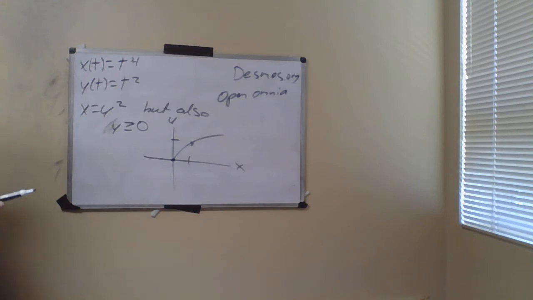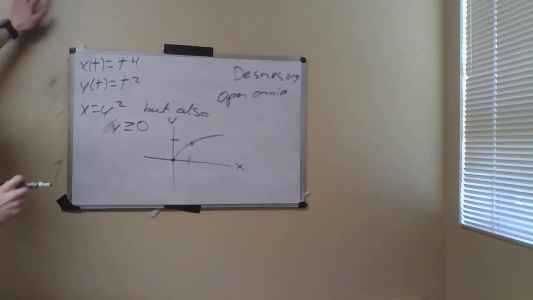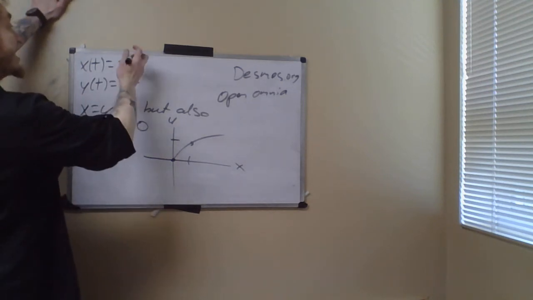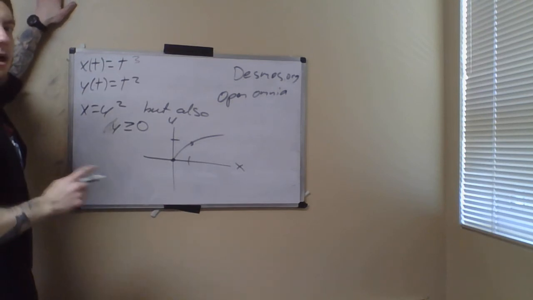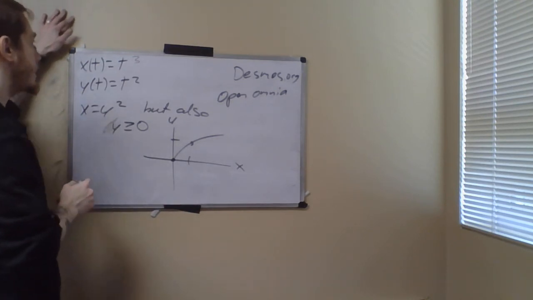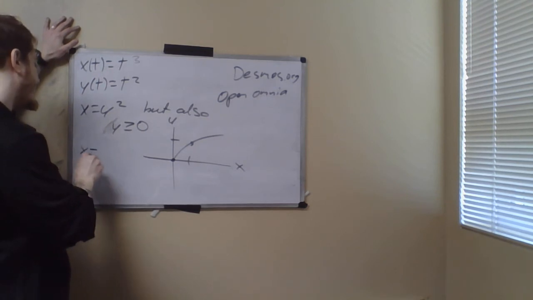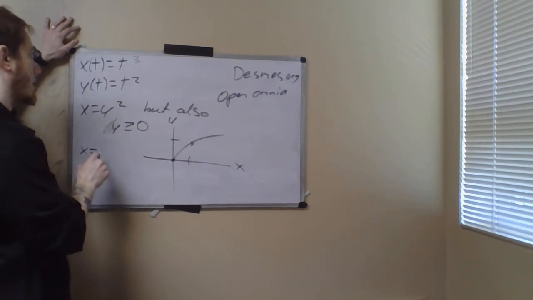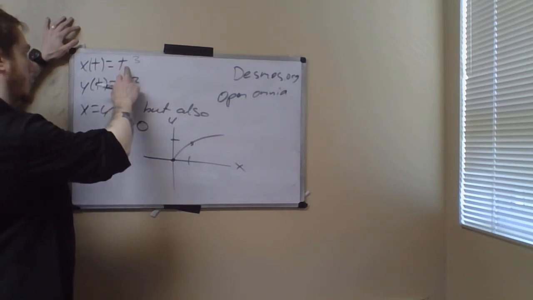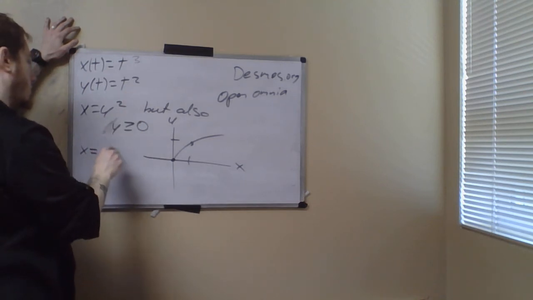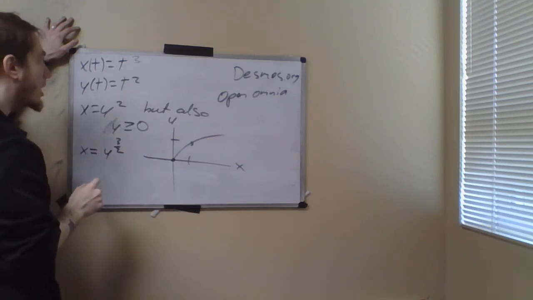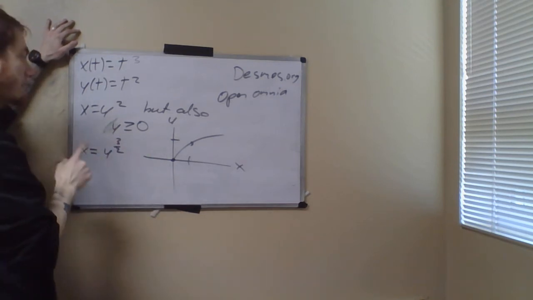And then you might even ask yourself, well, okay, so what would happen if instead of taking x of t to be t to the fourth, we took it to be something else? Like, what if we took x of t here to be t cubed? Well, this is going to become weird, right? Because now we're going to be getting that x is equal to y to the 3/2 power, and you're going to end up with a very interesting pattern here.